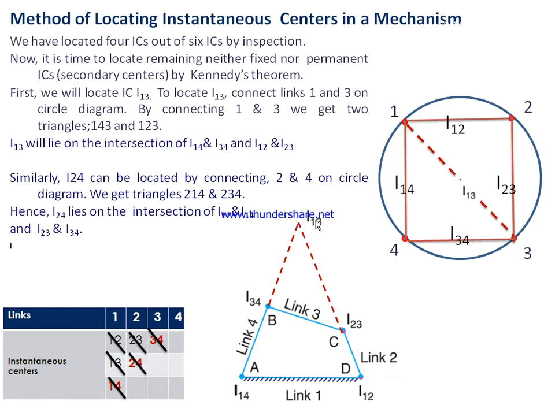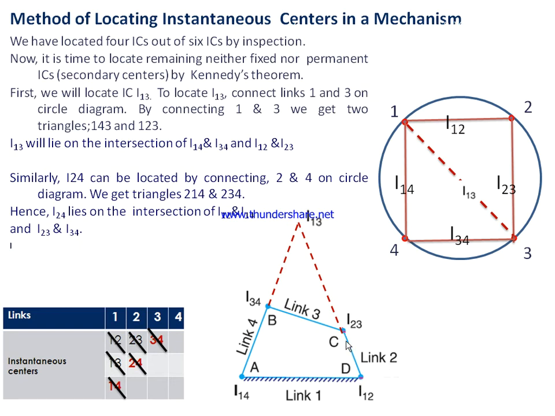I will repeat the location of I13. I13 lies on the intersection of instantaneous centers I14 and I34. I14 is here, I34 is here. Extend this line. The other set of instantaneous centers are I12 and I23.